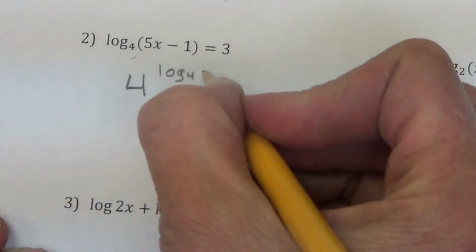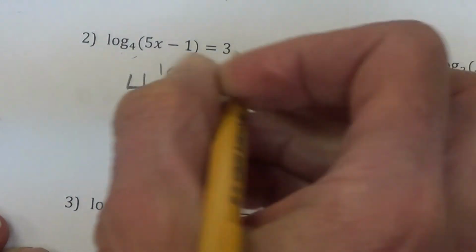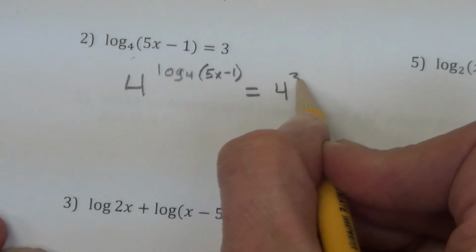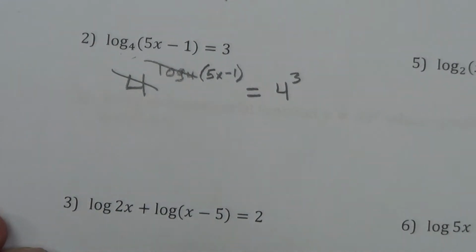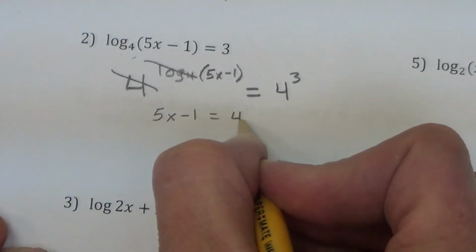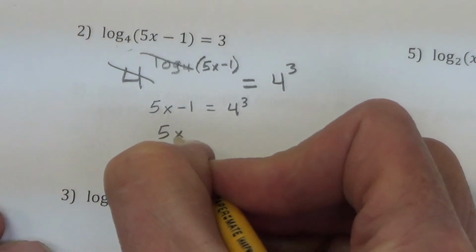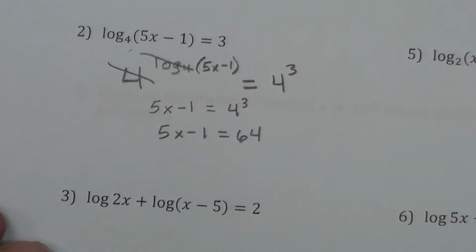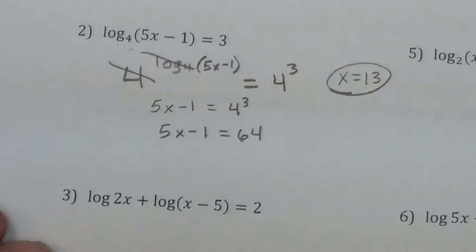So we can bring in the same base of an exponent on this side, and we end up with 4 and log 4 being able to cancel. So now we have 5x minus 1 equals 4 to the third. 4 to the third is 64. And now I think that you can solve that problem. You should come out with x being equal to 13. Again, if you don't, post it on the board when you come into class. We'll go through that.